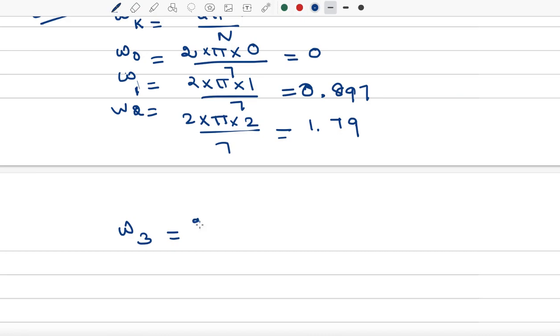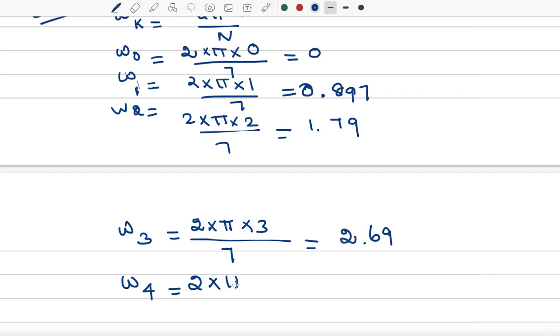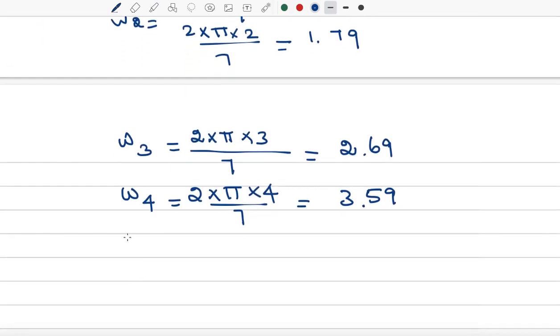Similarly, find omega 3. How will you find omega 3? 2 pi k, what is k? K equal to 3, 3 by capital N, that is 7. So you will get 2.69. Then omega 4, 2 into pi into 4 by 7, that is 3.59. Then find omega 5.